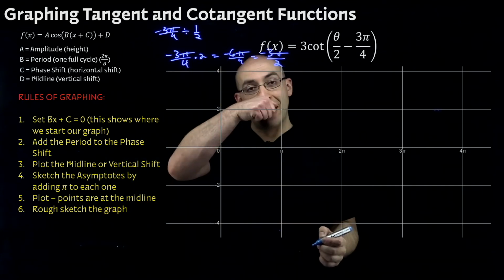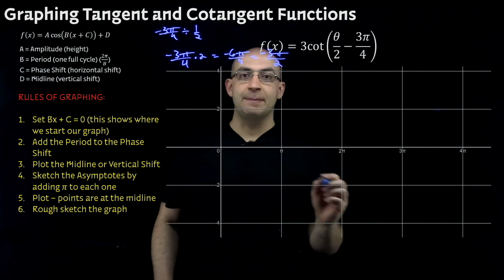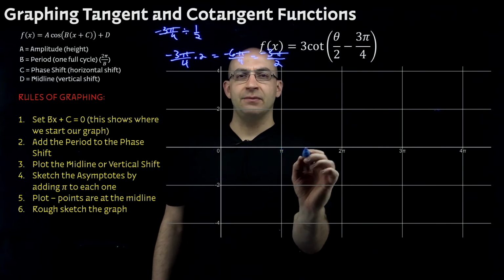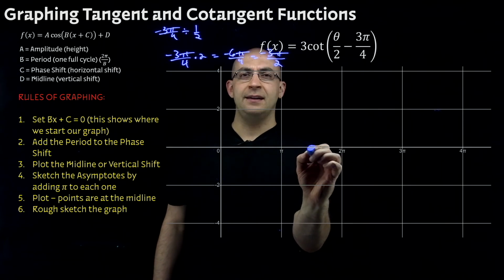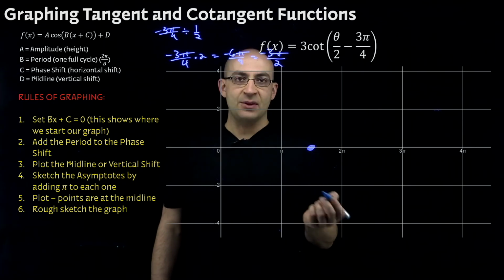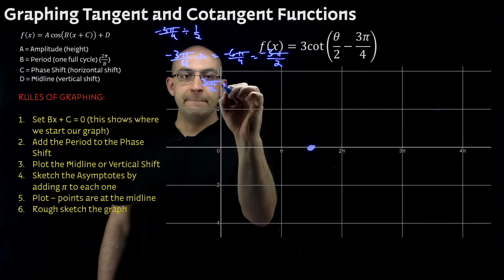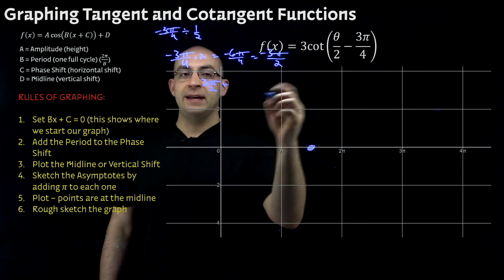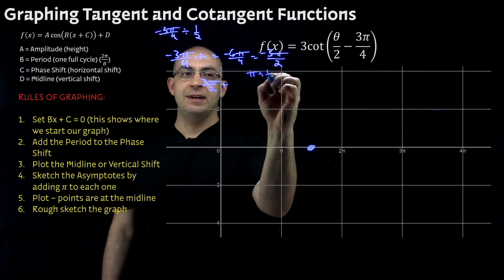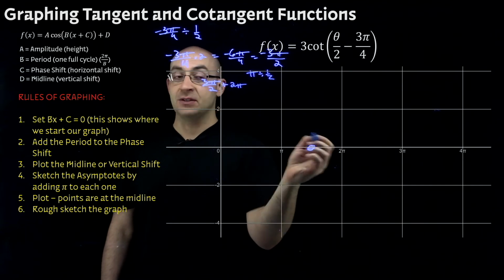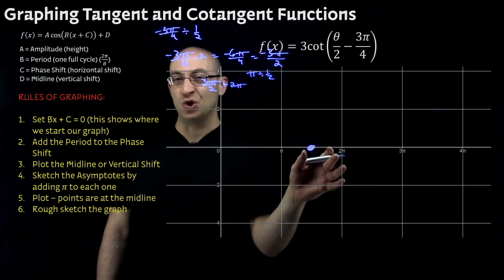So negative 3 pi over 2 is right 3 pi over 2. So this is pi over 2, 2 pi over 2, 3 pi over 2. So we have a dot right here. Okay, now let's add the period to that. So we're going to do 3 pi over 2 plus pi, but again, we have this pi divided by 1/2, which is 2 pi. So I'm going to be adding 2 pi to this value because our period for this particular function is 2 pi.